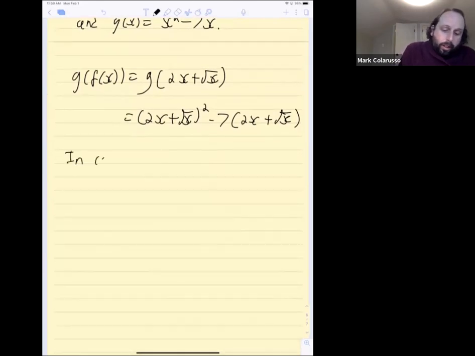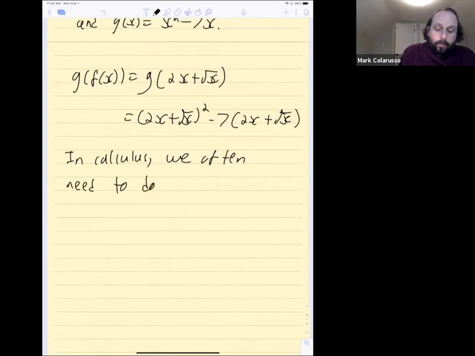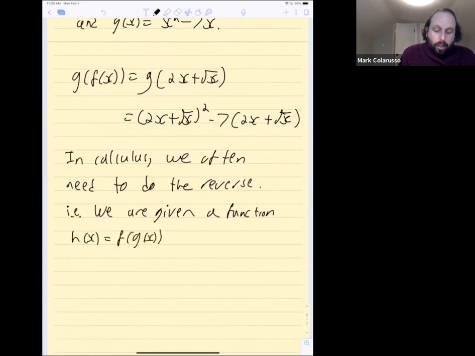So in calculus, we often need to do the reverse. What does this mean? We are given a function h at x, which is the composition of f and g, and we have to decompose h.